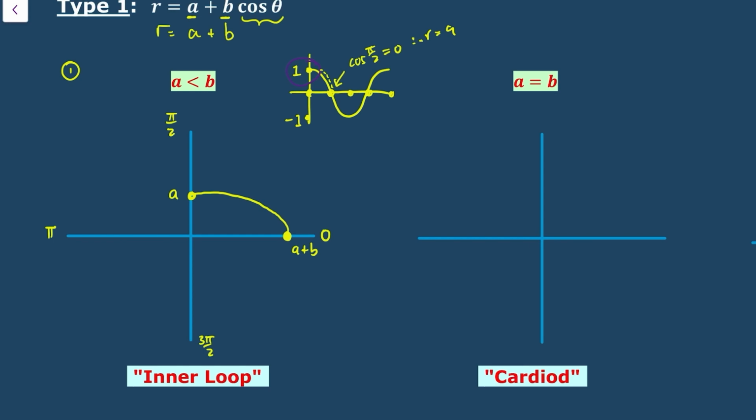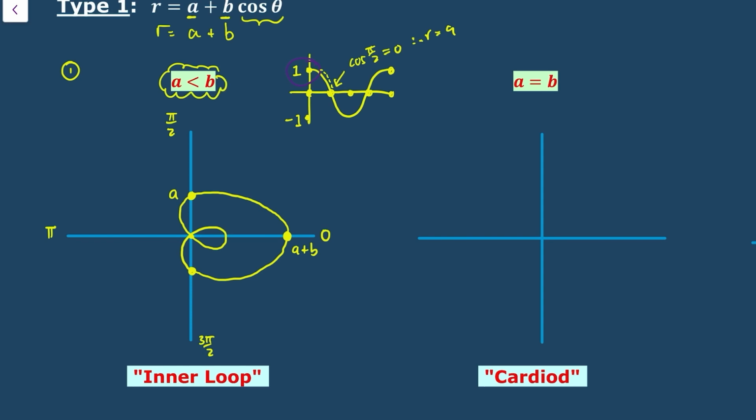It's going to continue, come back on itself, and go through 0, 0, and it's going to form this inner loop. Then it's going to go through a again at 3 pi by 2, and then go back at 2 pi to a plus b. And that is what the graph looks like when a is less than b.